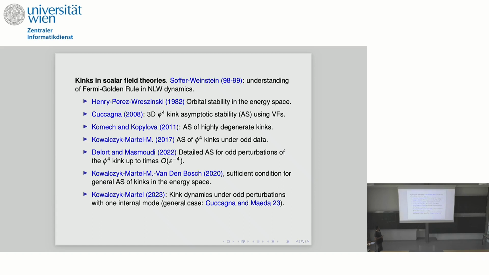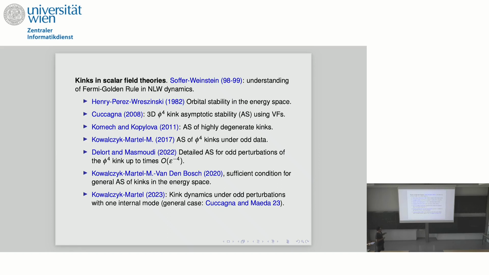Cuccagna considered the phi4 kink in 3D, right? And proved for the first time asymptotic stability using vector field methods. And then Kopylova and Komech, in a series of papers, proved asymptotic stability for scalar field models with, let's say, a sort of degenerate weight or degenerate nonlinearities. And then in 2017, with Kowalczyk and Martel, we considered the phi4 kink under odd data.